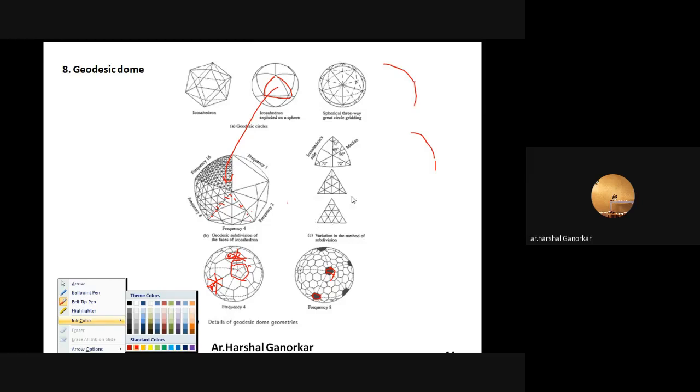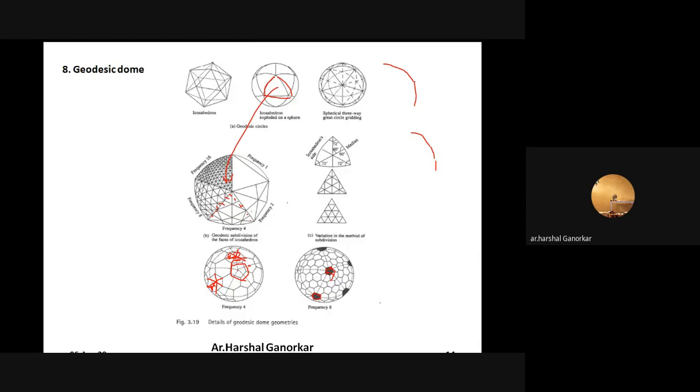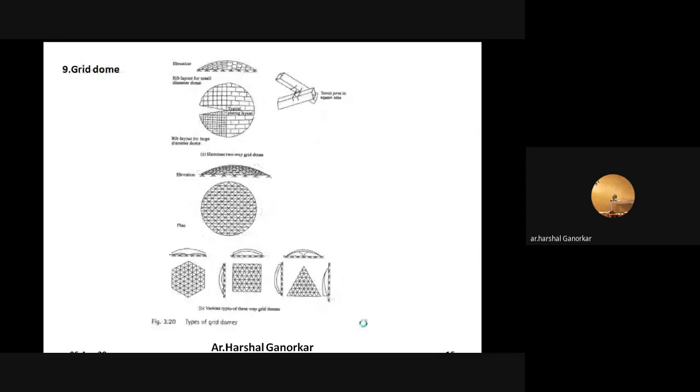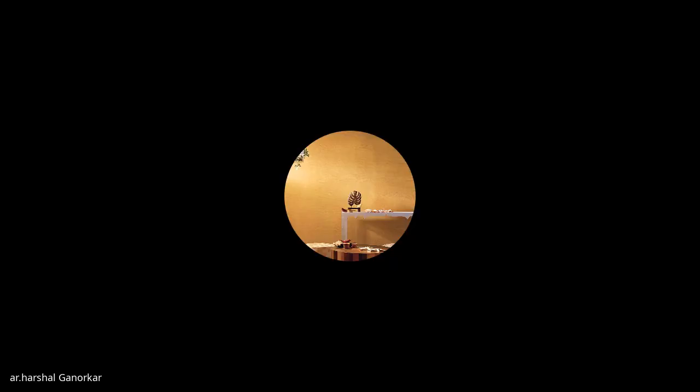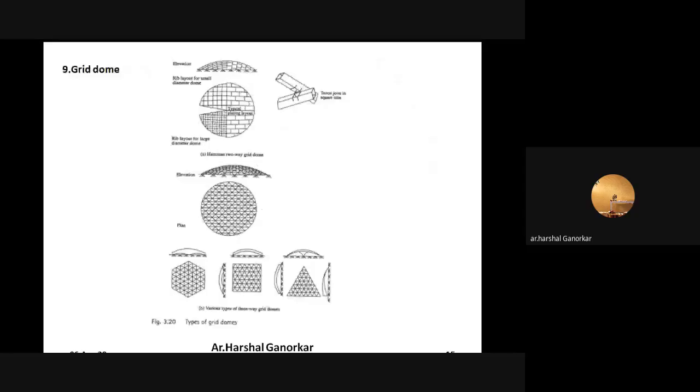So these are the frequencies, and this is the grid type dome. You can see the grid, and this is going to be like this. So this is the basic type of dome, the grid type dome.